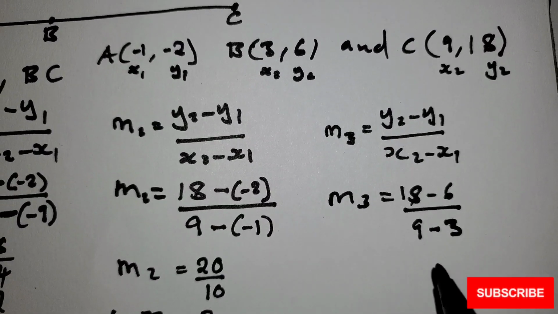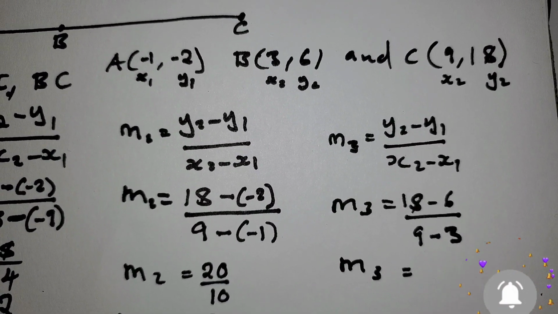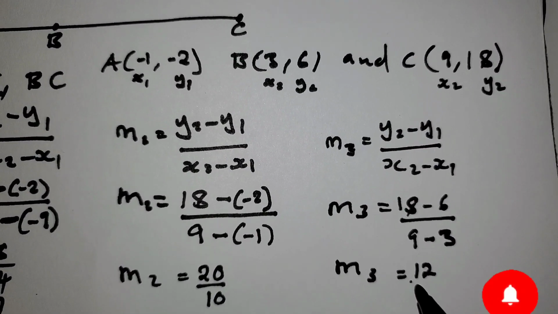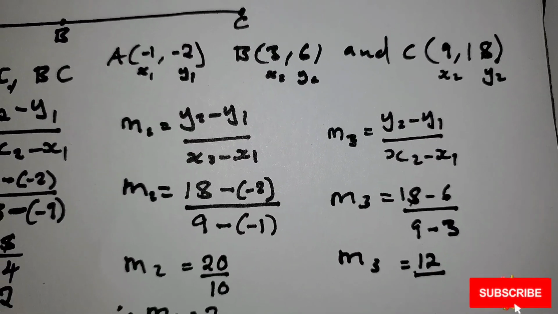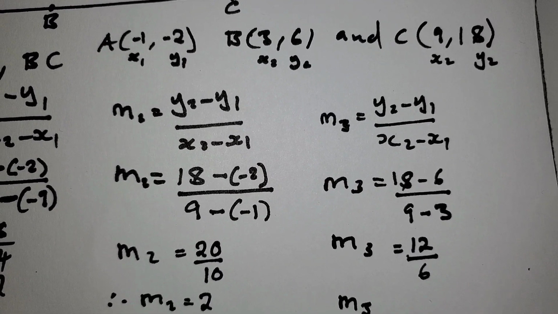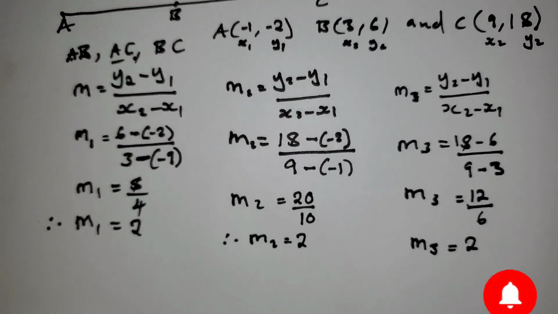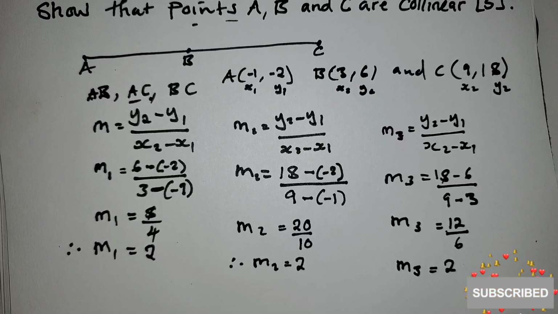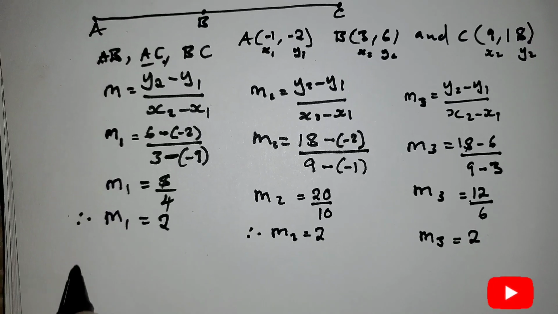So our m3 will be 18 minus 6, which is 12, over 9 minus 3, which is 6. The third gradient, 6 into 12, is 2. So if you look at all these points, we are finding the same gradient, which is 2.